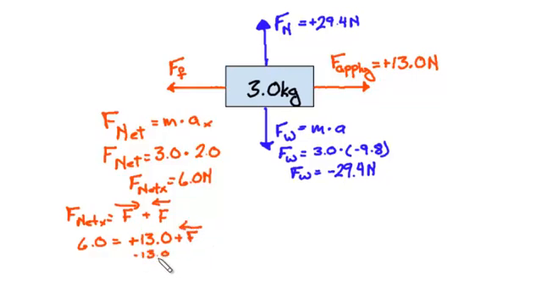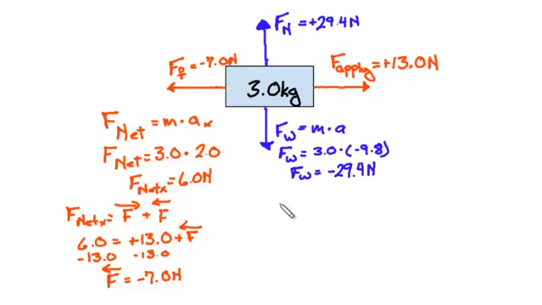In order to get forces to the left, I'm going to subtract 13.0 from both sides, and I'm given a force in this direction of negative 7.0 newtons. So that means that the force of friction is negative 7.0 newtons.